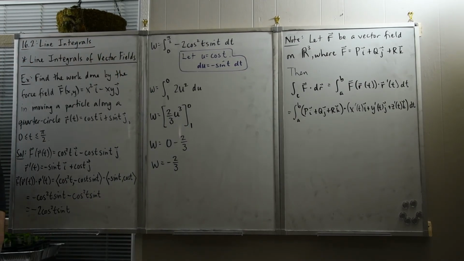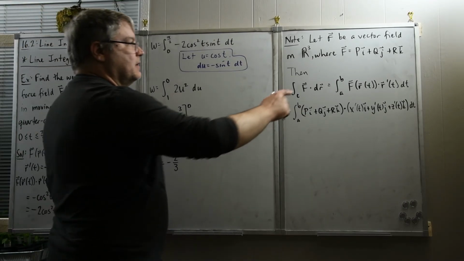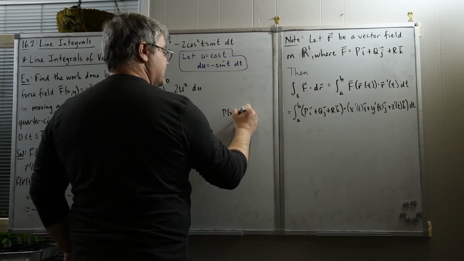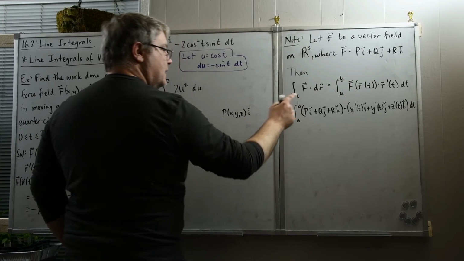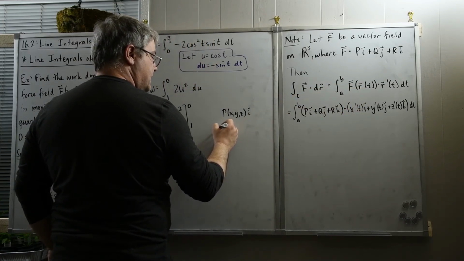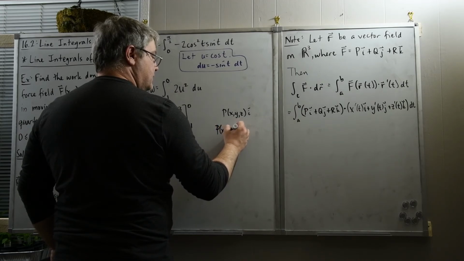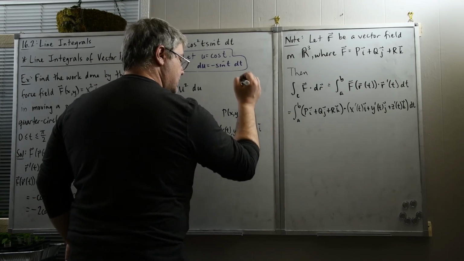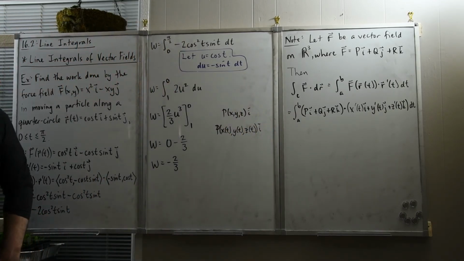But if we're looking at truly F of r of t, then remember that Pi is the same thing as P of x, y, z, i. But if you're plugging in r of t into F, what you're really getting is a P of x of t, y of t, z of t times i.